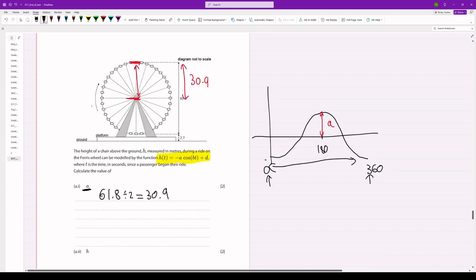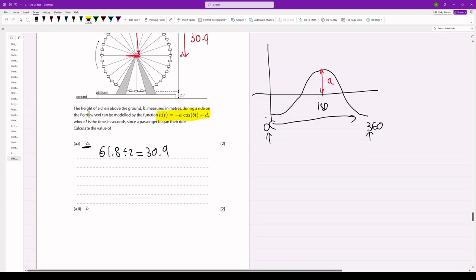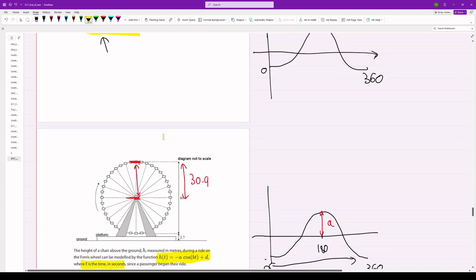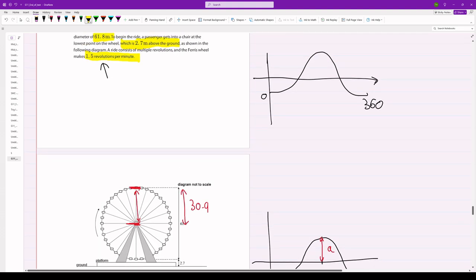Take notice that time is in seconds, so I also need this bit B to be in seconds. So I know it's 1.5 revolutions in 60 seconds, that's 1 minute. So I want to know 1 revolution is in how many seconds? Well, that's dividing by 1.5. This is also dividing by 1.5. So this is now 40 seconds. So on my Ferris wheel, this is also 0, and this is 40.